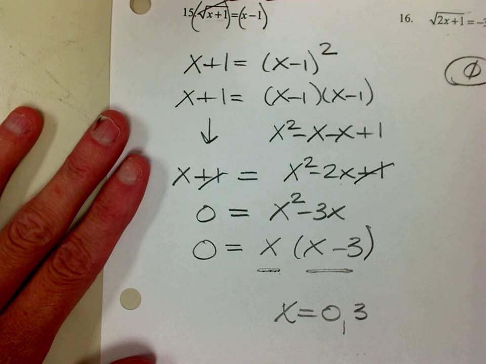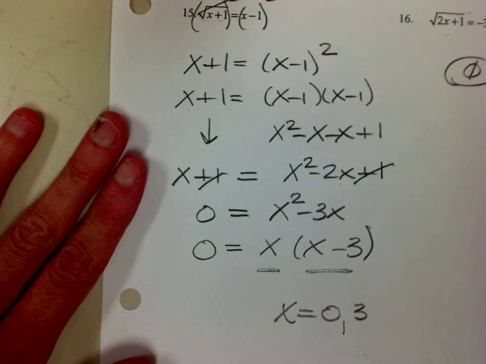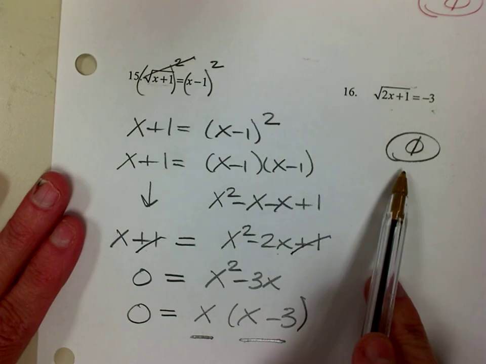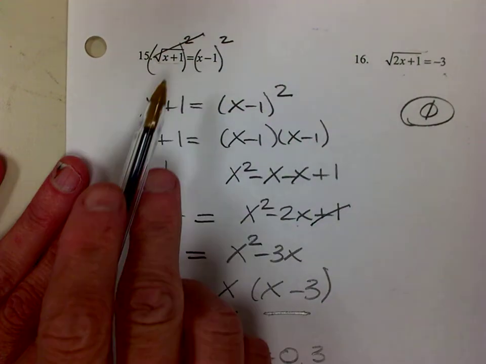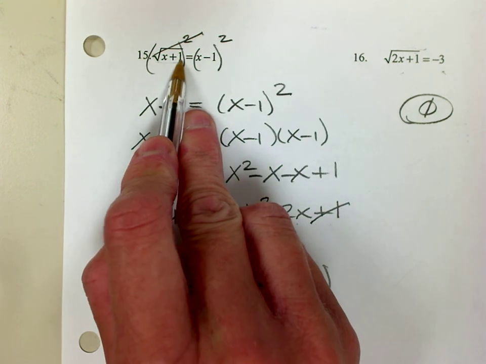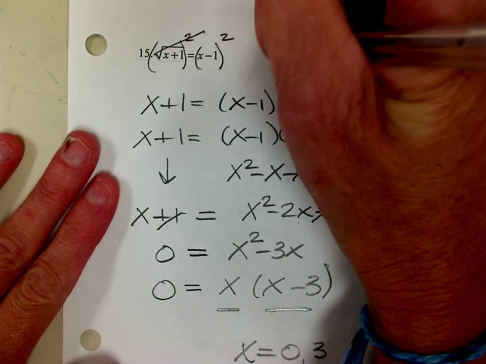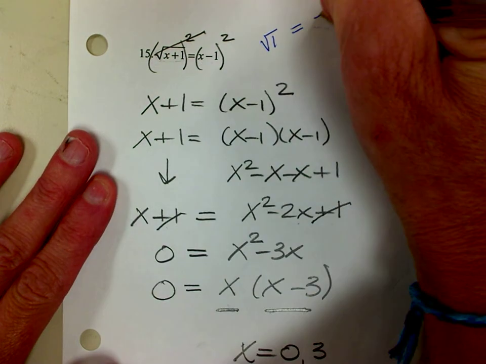Now we're going to have to check our answers, because whenever you have a square root or any kind of radical in your answer or your question, you have to check your answer, because it might be something like this situation. So let's go back up to our original problem. Let's say x is 0. So 0 plus 1 is 1, and then 0 minus 1 is negative 1.